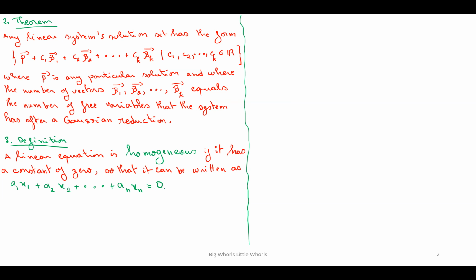So the constant of the equation is 0. If the constant is not 0, it's no longer homogeneous. We just call it a non-homogeneous equation.